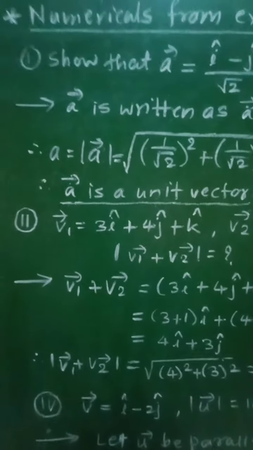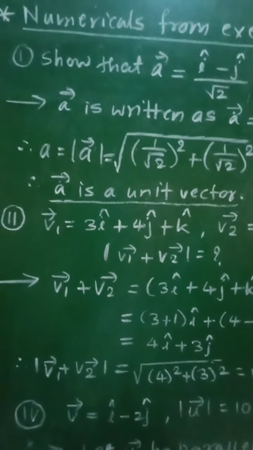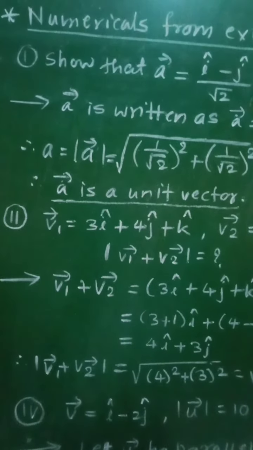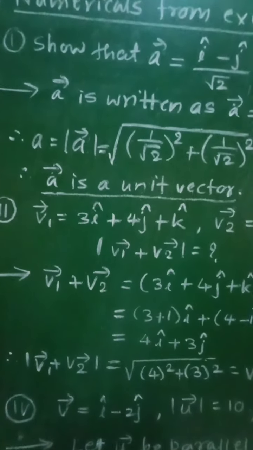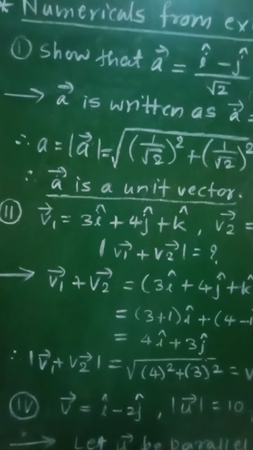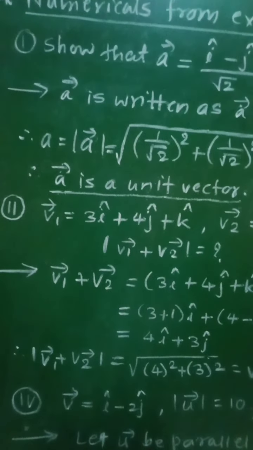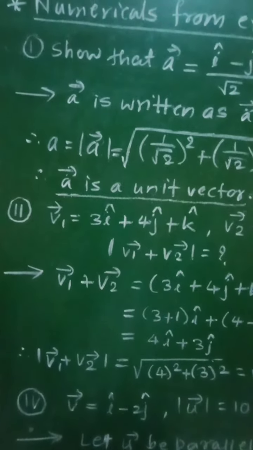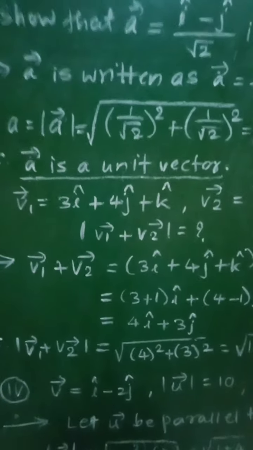Then let us see numerical number 2, which is given as: if vector phi1 equal to 3i cap plus 4j cap plus k cap, and vector phi2 equal to i cap minus j cap minus k cap, determine the magnitude of vector phi1 plus vector phi2.